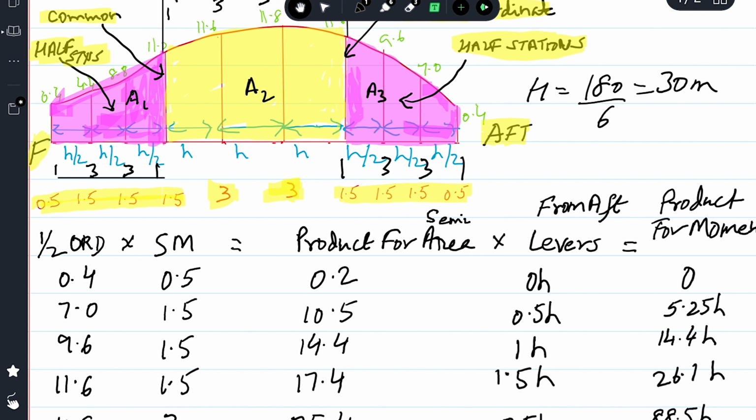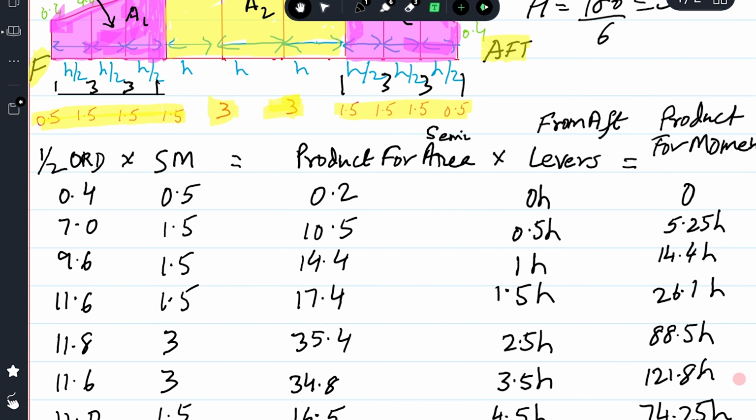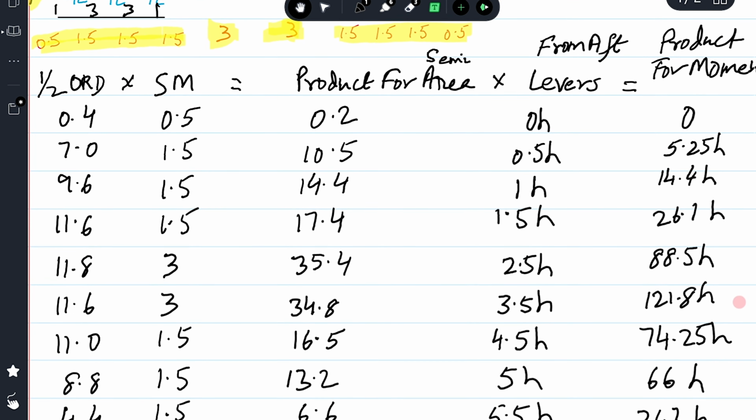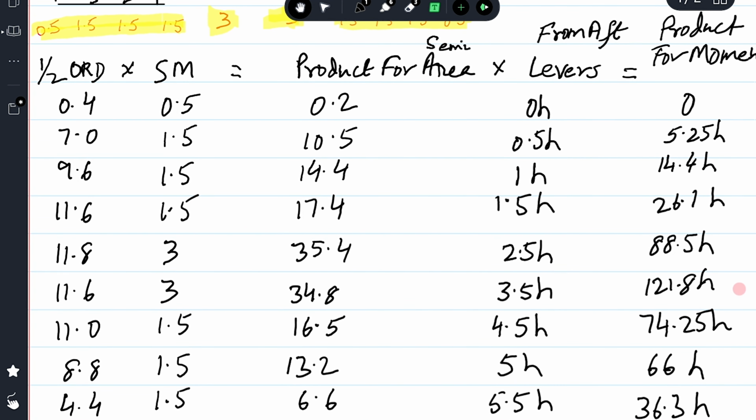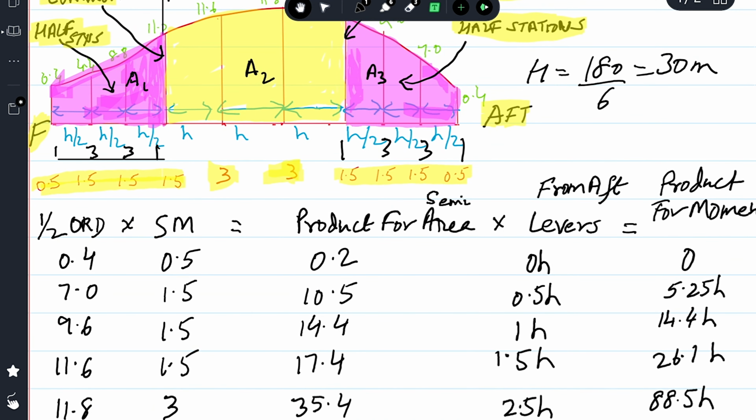The last lever was 1.5 H, so next will become 2.5 H, because now you are in the main body where you are just adding H. You will have to add 3 times the H. So 2.5 H, then it will be 3.5 H, and then 4.5 H. So you have now reached the common ordinate in the forward part.